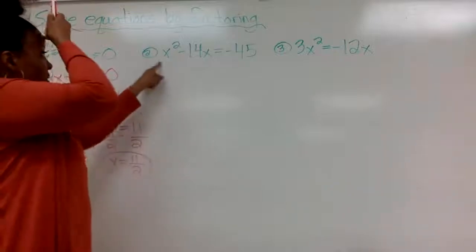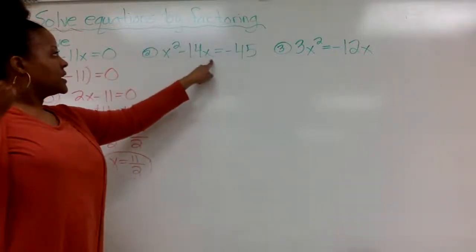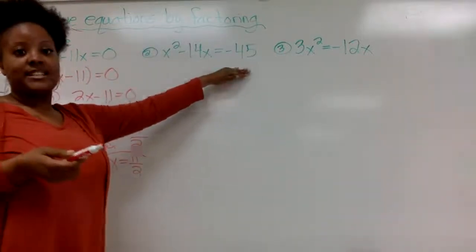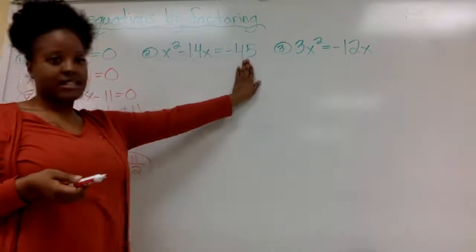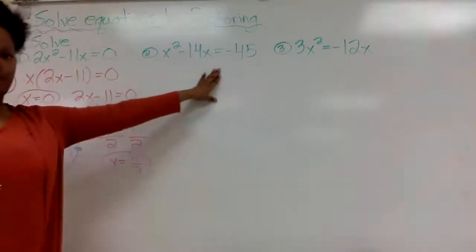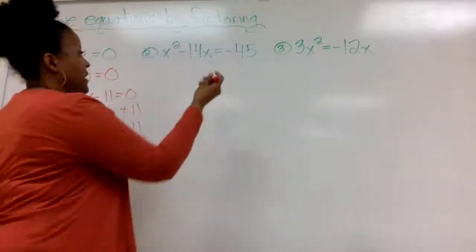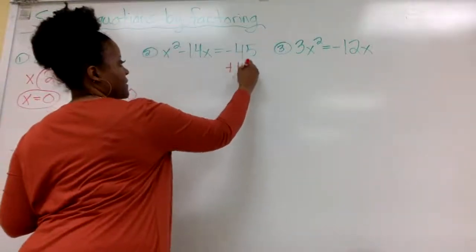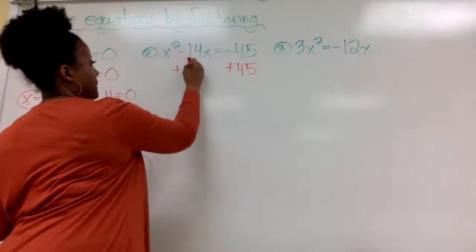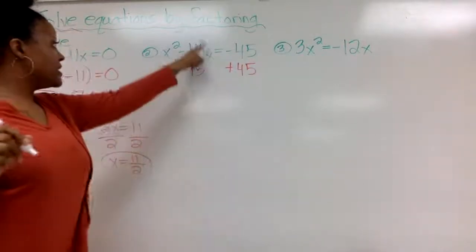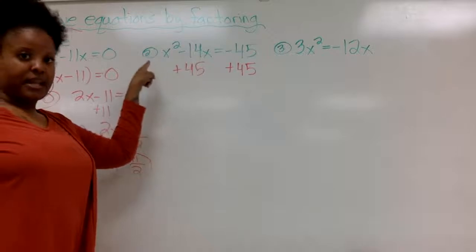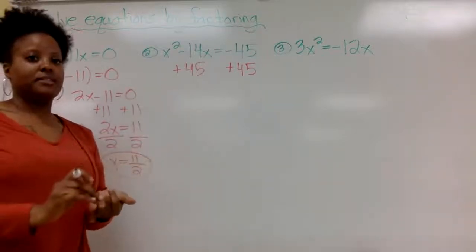If I look at number 2 here, x squared minus 14x equals negative 45, it's not equal to 0. So I need to take this negative 45 and move it over. The opposite of a negative 45 is a positive 45, so we're going to add 45 to both sides. Now, these are not like terms. Like terms have the same variable and the same exponent.